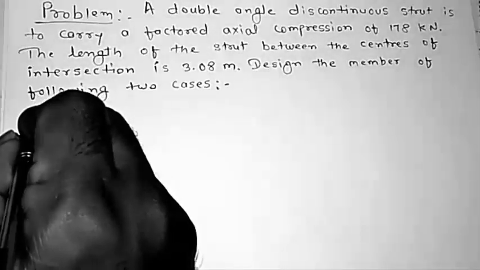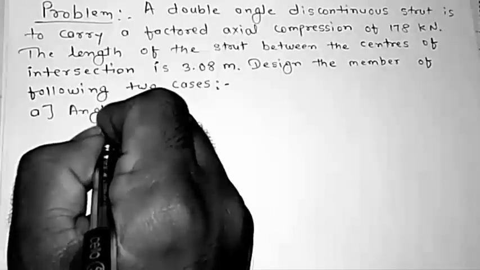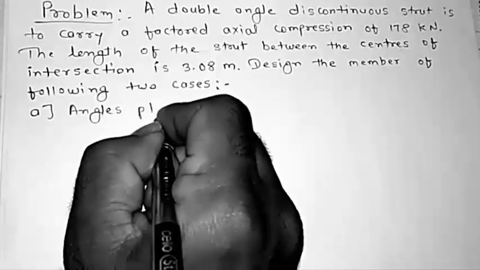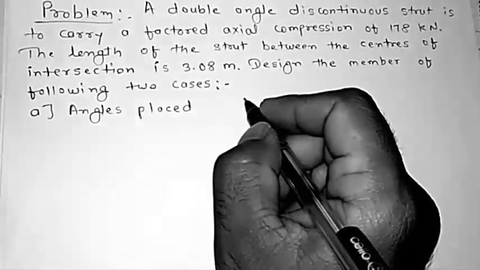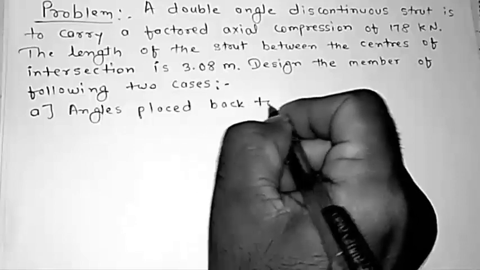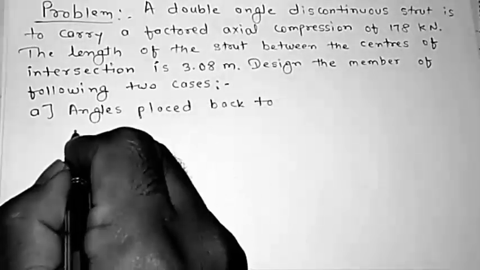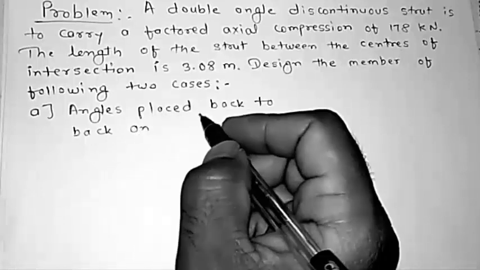So the first case is angles placed back to back on opposite sides of gusset.